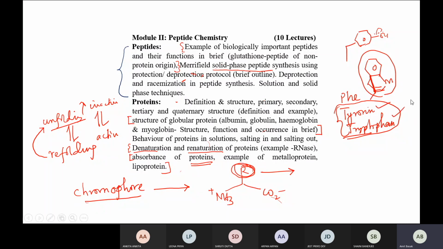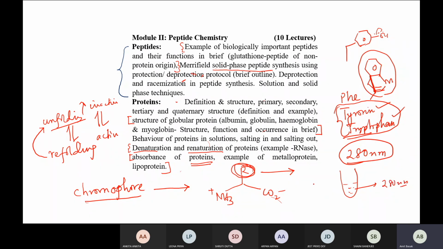They absorb light. At what wavelength? Because proteins are usually not colored, they absorb at a wavelength of 280 nanometer. So if you want to measure the concentration of a protein, you have to measure the absorption at 280 nm.